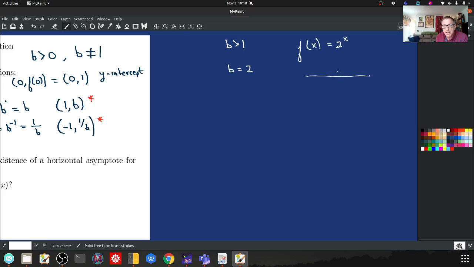So let's plot some values. 0, -1, -2, -10, -100.